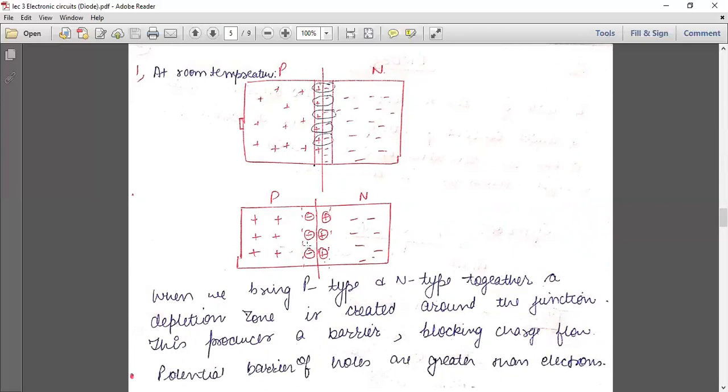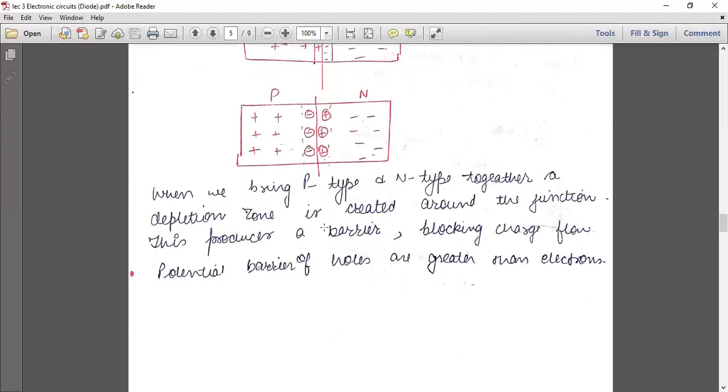In this region the holes will not cross over and make bonds with the electrons on the n side, and similarly for the n type also. So this region prevents holes and electrons from forming bonds until and unless we apply some external biasing in the circuit.